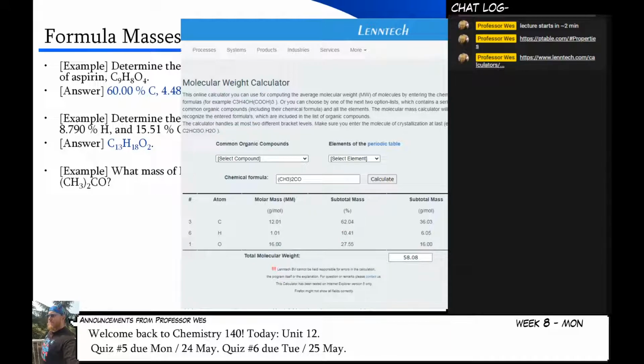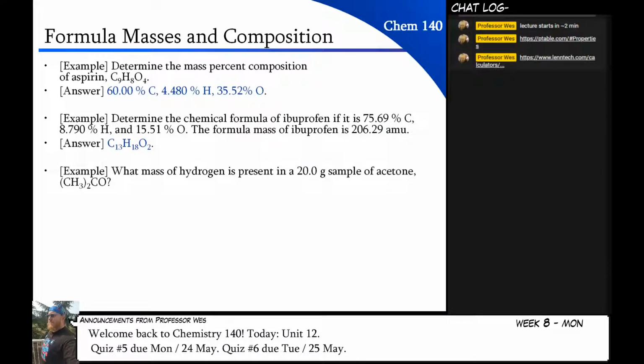So what that means is that in any sample of acetone, 10.41% of that will be hydrogen. So we can do the calculation like this. 20 grams of acetone times 10.41% of that is hydrogen, which we can write in the following way.